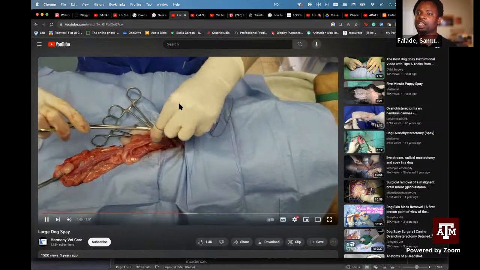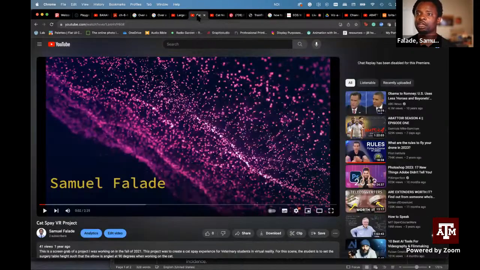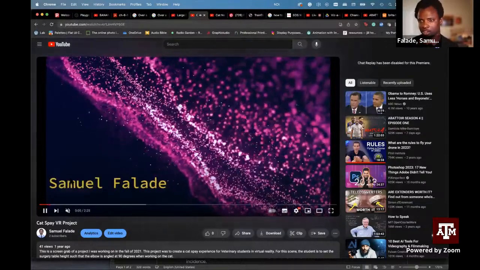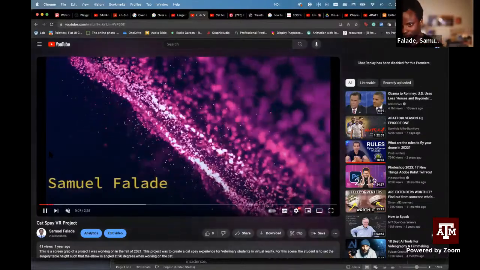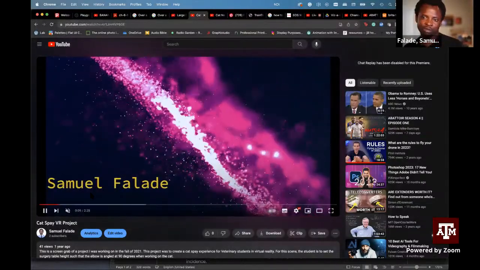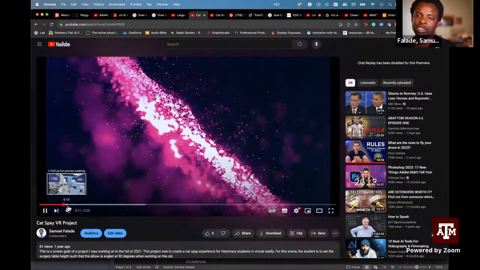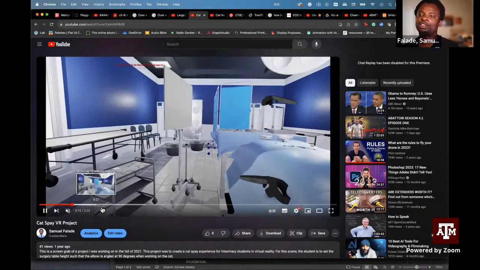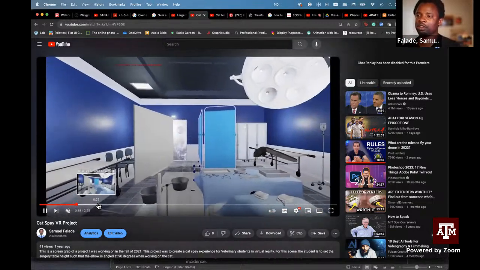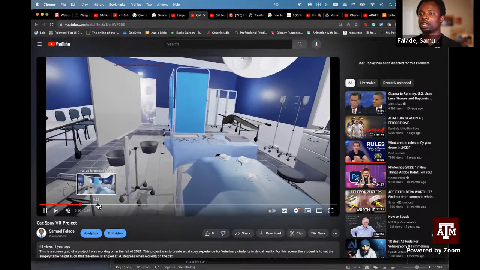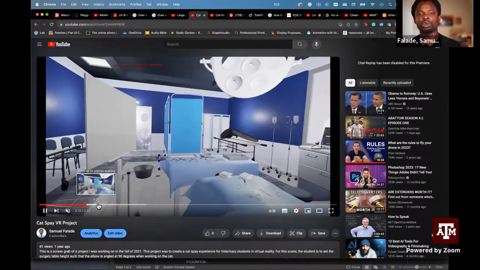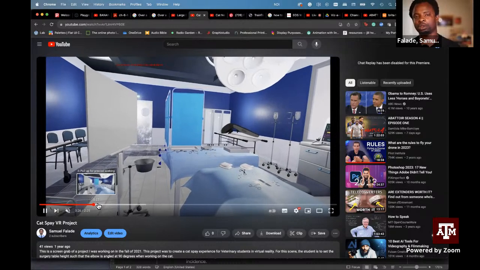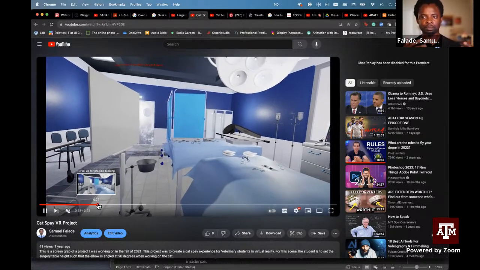And here on the other side is a virtual reality application in process. We never completed this, where the students can actually come into virtual reality and go through the necessary steps as though they were actually operating on a real animal.